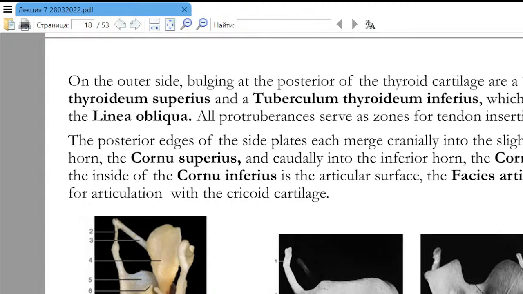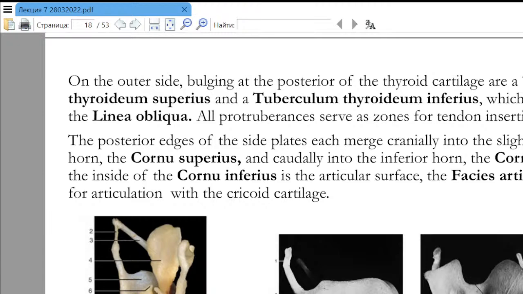On the inside of the cornu inferius is the articular surface, the facies articularis cricoidea, for articulation with the cricoid cartilage.